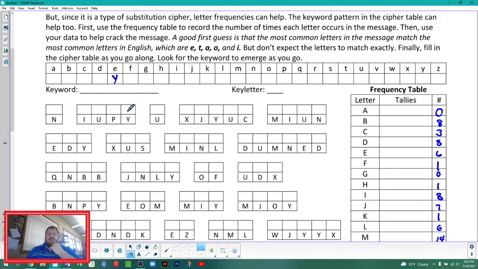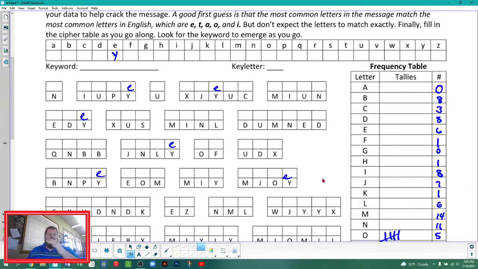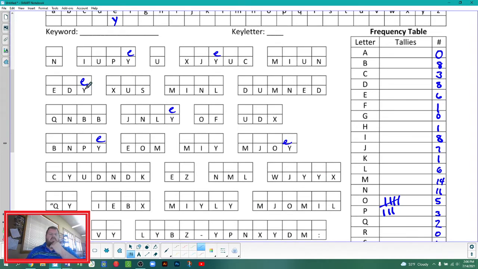I'm just going to go through and fill out, every time I see a Y, I'm going to put an E. We've done this before, and this is probably the best way to do it at this point, because we don't know a whole lot. We do know a couple other things that we can guess and check on when we get there.